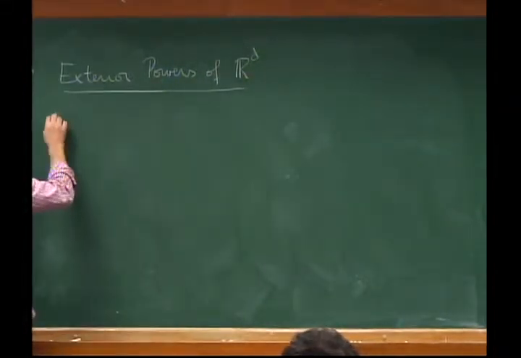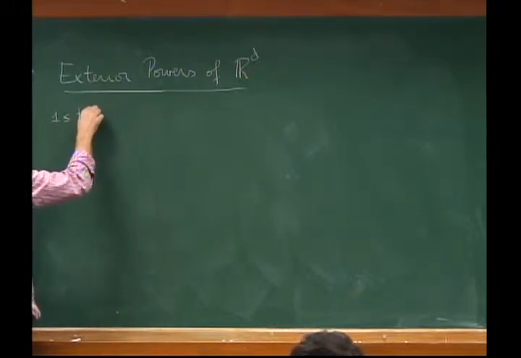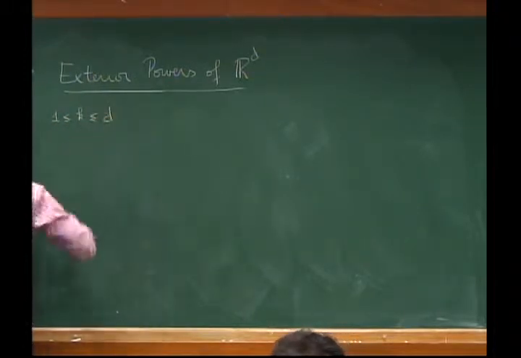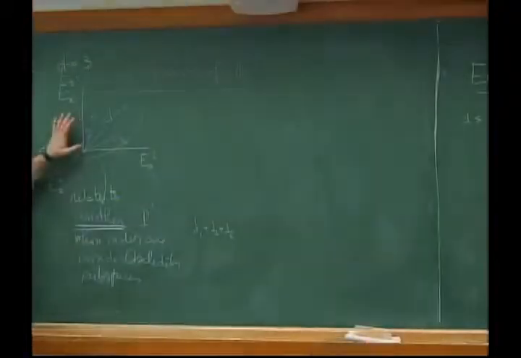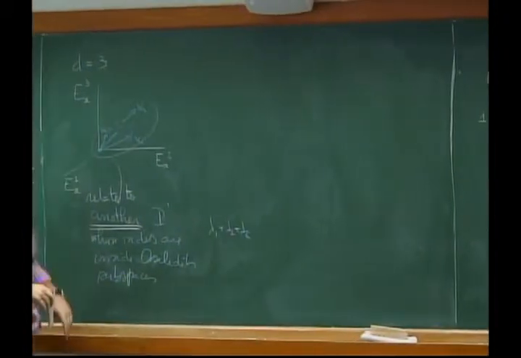You take any k between 1 and d. In this example, in this construction, k would be 3. It's essentially the dimension of the parallelogram.